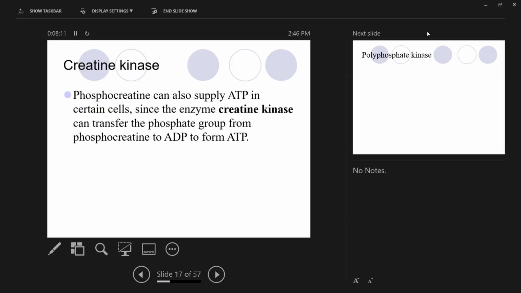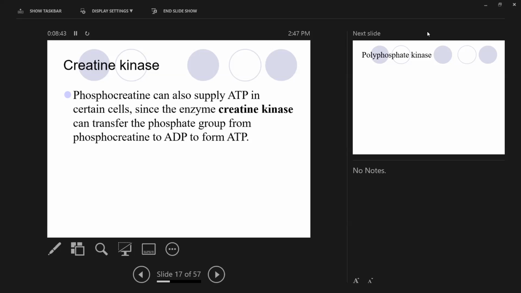Creatine kinase can take the high energy phosphate from phosphocreatine and transfer it to ADP. And this will give you ATP plus creatine. This reaction, of course, can go the other way, if you're trying to make phosphocreatine in order to store energy to replenish ATP. This is used mainly in muscle.